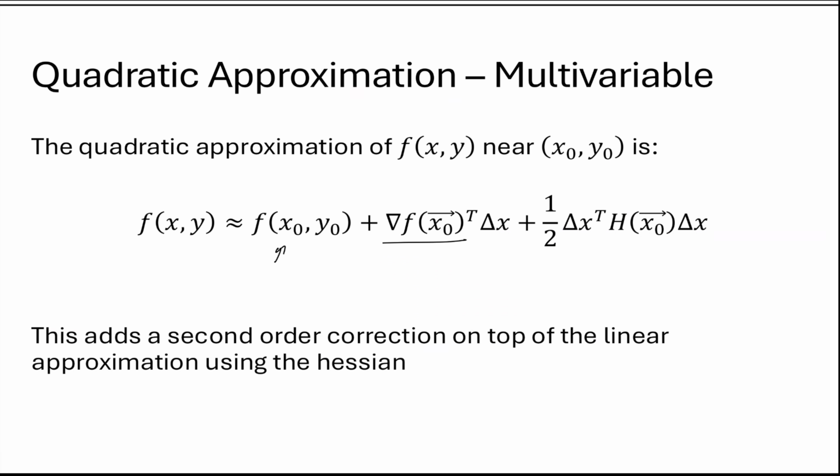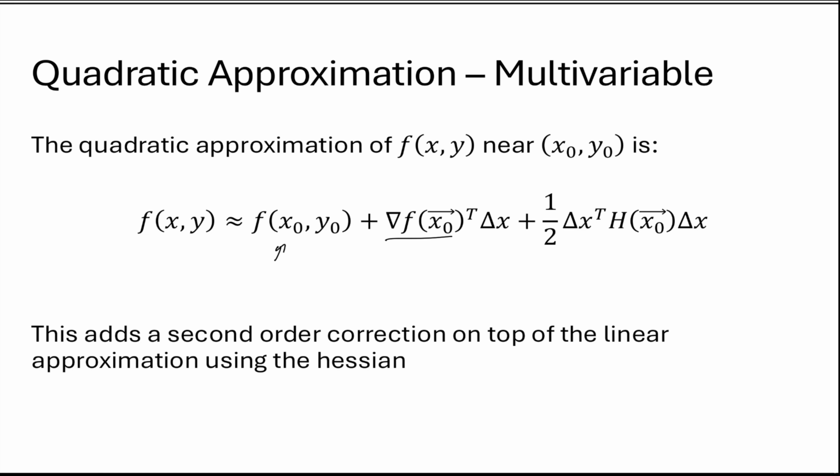And then we're finding the gradient of this function, which is just the partial derivatives with respect to x and y. And we're subbing this point into here. This T just stands for transpose, so we're going to write the vector as a column vector like this.